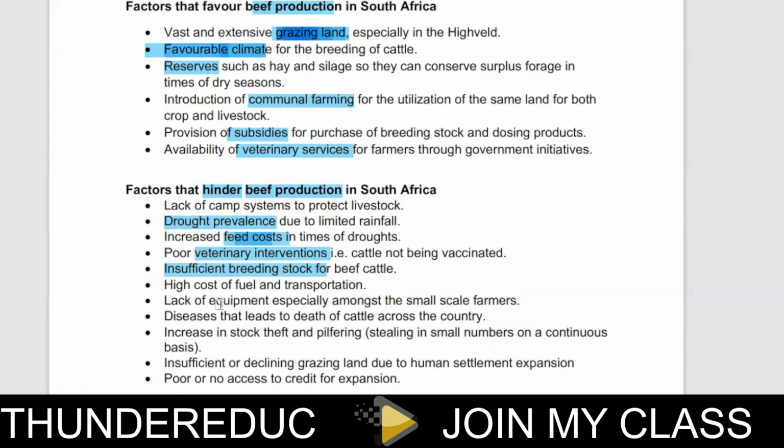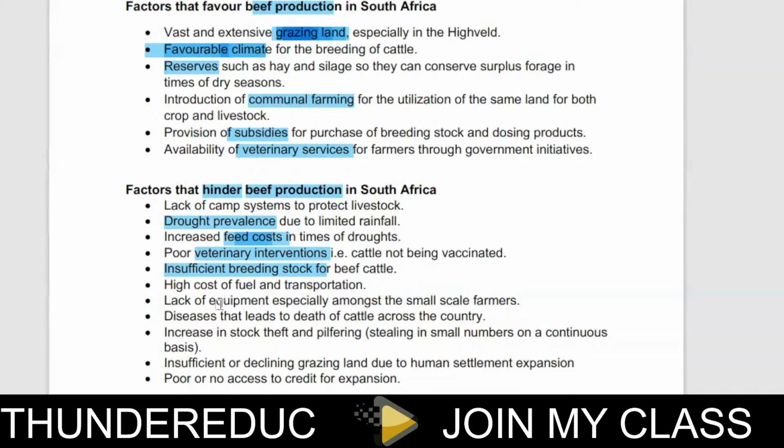Okay. There is another very serious problem, which is the high cost of fuel and transportation. Fuel is a serious challenge. Fuel prices are very, very high, so the small money that you would put in, you end up putting in a lot.